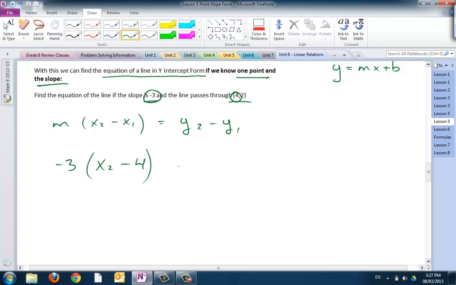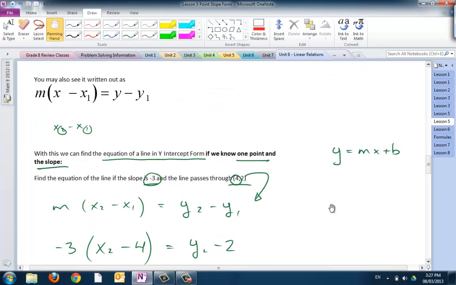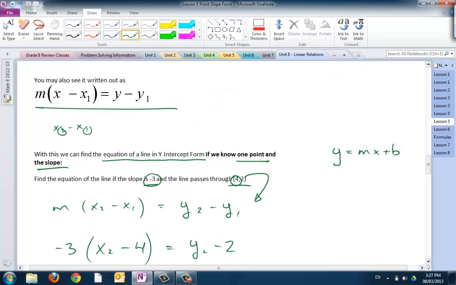So that's the 4 is equal to y2 minus 2. And so I pull that 2 out. And now this is why you will sometimes see it written in this form, because when you apply this point-slope form to a question, you always put the known values into this second placing.